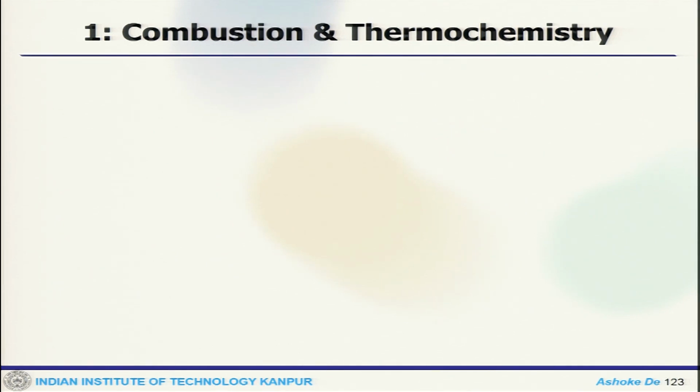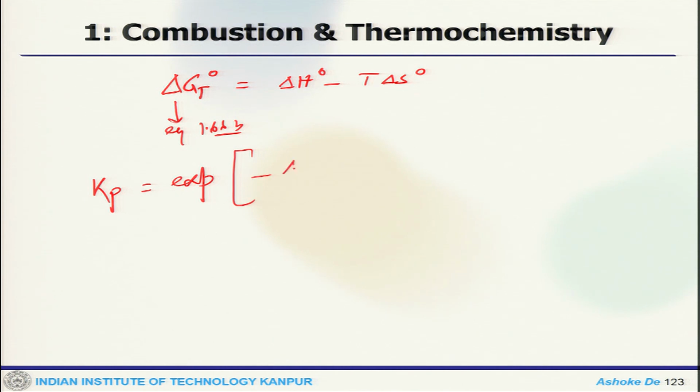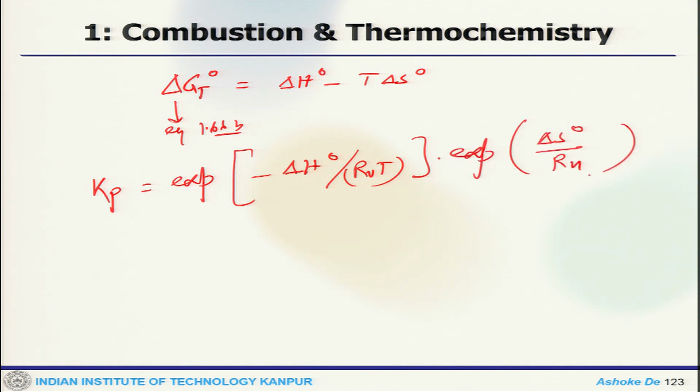Now, similar physical insight one can obtain by considering the definition of G naught in terms of enthalpy and entropy change, which is delta G naught equals delta H naught minus T delta S naught. If you put this back in equation 1.66b, you get Kp as the exponential of minus delta H naught by Ru T, times the exponential of delta S naught by Ru.